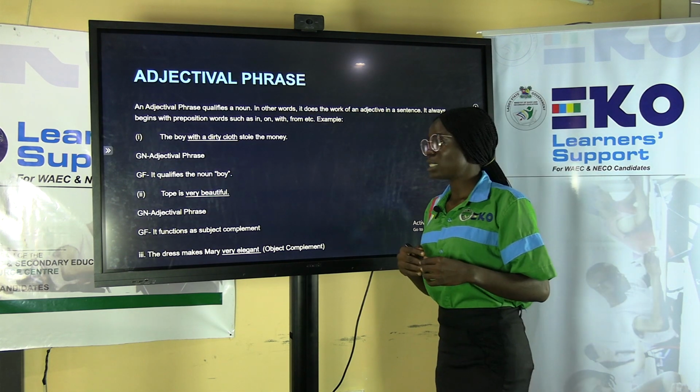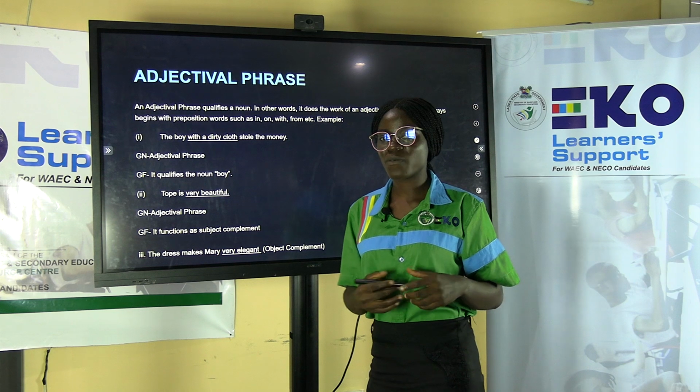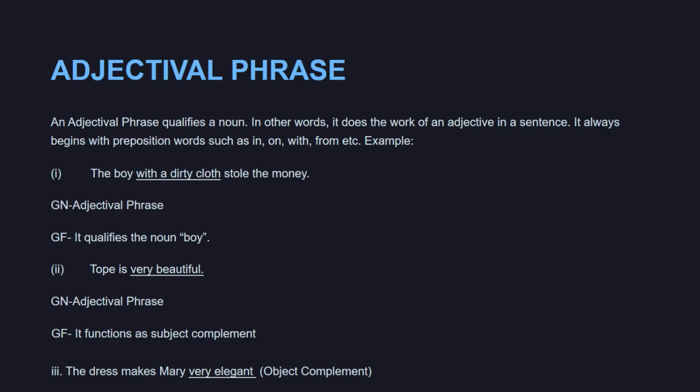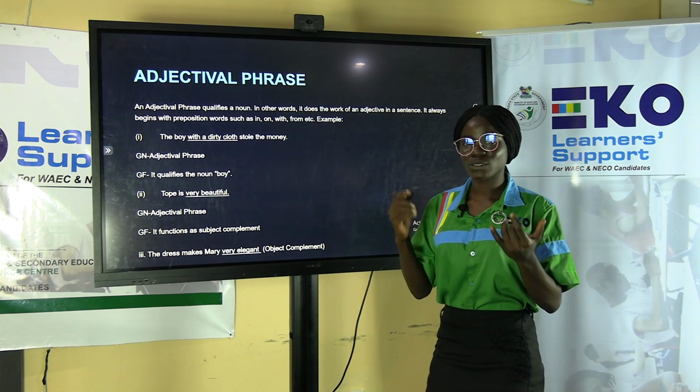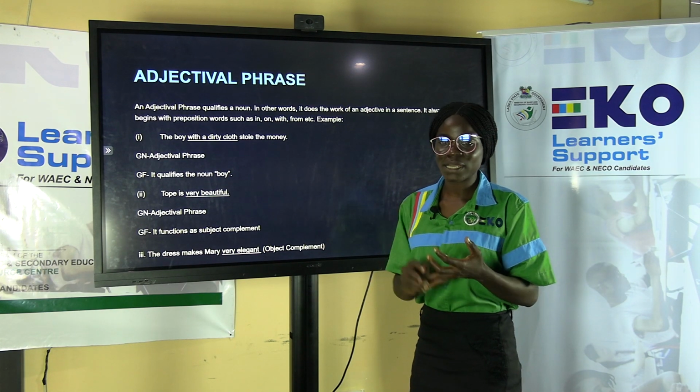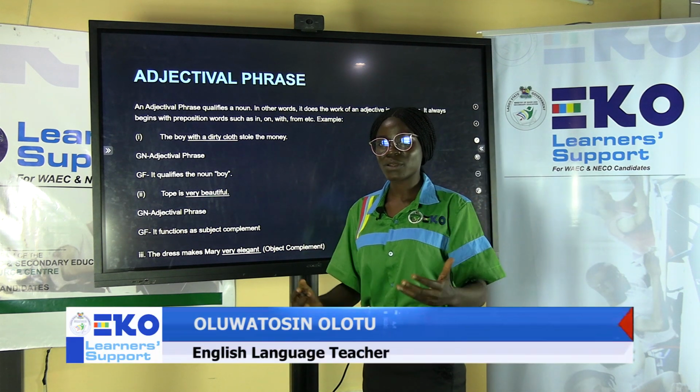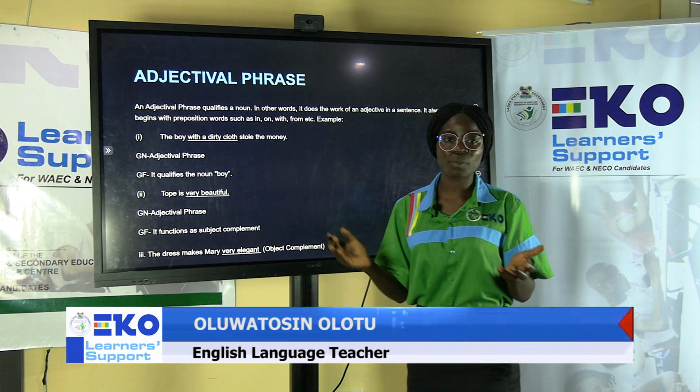Now let's move to the next type of phrase that we are going to consider today. We have the adjectival phrase, also known as the adjective phrase. An adjectival phrase qualifies a noun. Don't forget, I told you that the word classes, that is your noun, your adjective, your preposition, form a background knowledge to any of these topics.